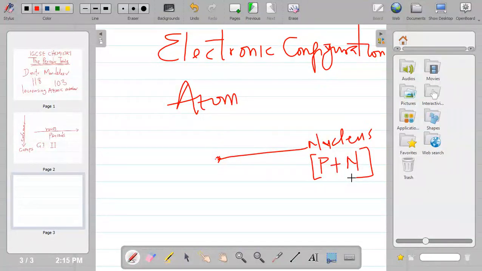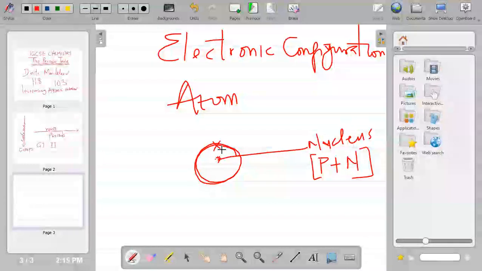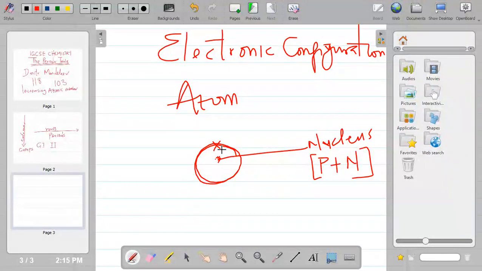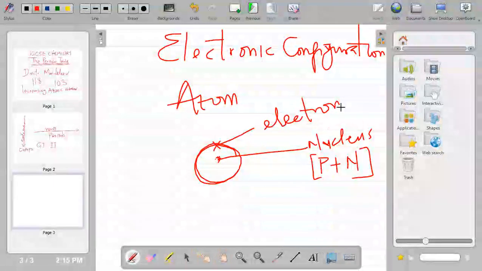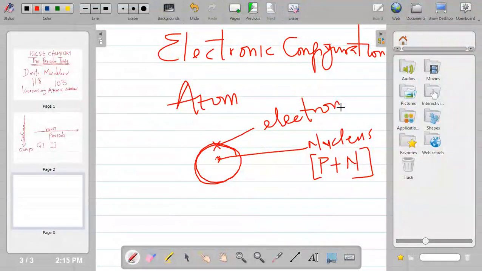Around the nucleus of an atom, we have shells, otherwise known as orbitals. In these shells, electrons revolve around the nucleus, the electron being negatively charged. So the force of attraction between the positively charged nucleus and the negatively charged electrons is what brings about stability in the structure of the atom.